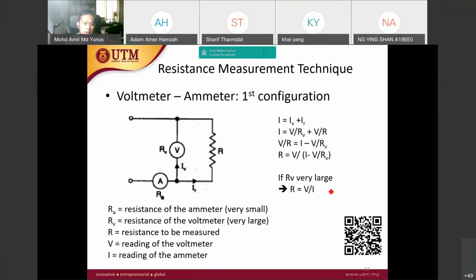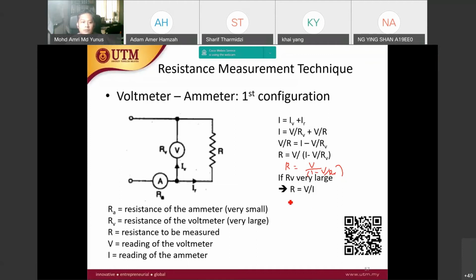So this is the first configuration, I equals IV plus IR. R is from V over I minus V over RV.